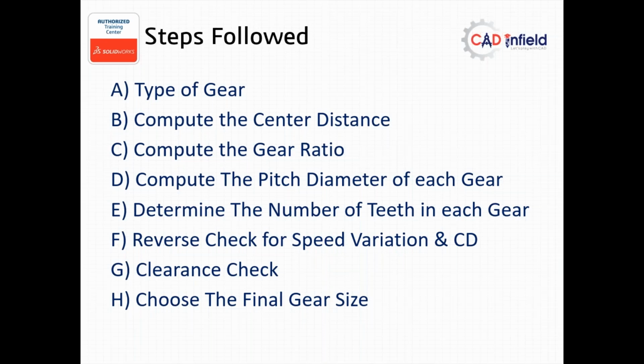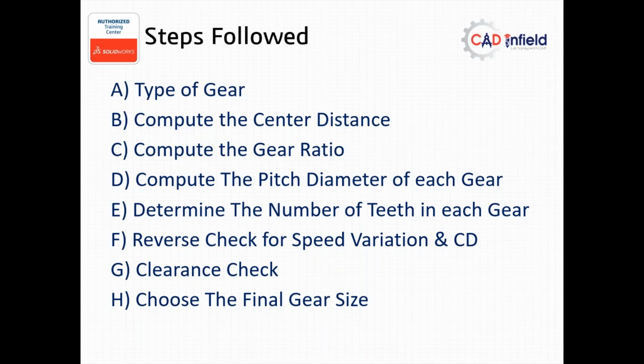Then we need to calculate the center distance. If the center distance is okay, I have decided to go with the gear, knowing I am designing for a small distance between two parallel coplanar shafts. Then we need to calculate the gear ratio. Once we get the gear ratio, we need to calculate the PCD of the gear. Once we know the gear ratio and PCD, we can automatically get the number of teeth.